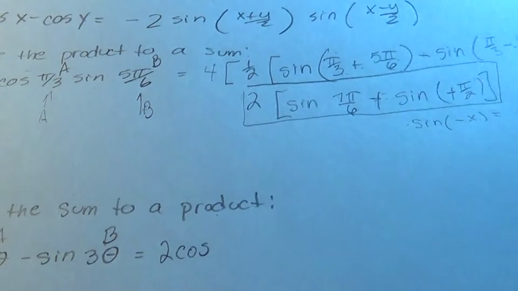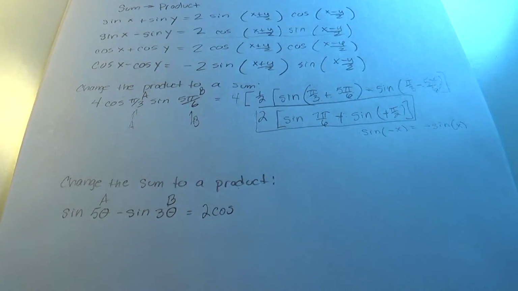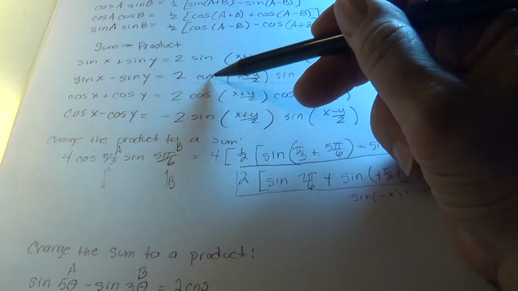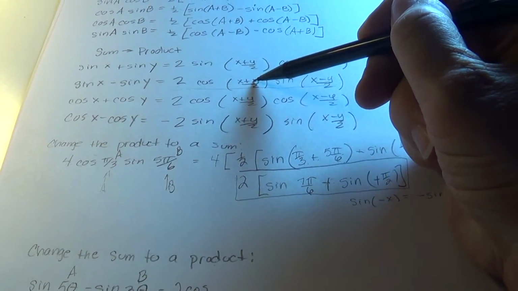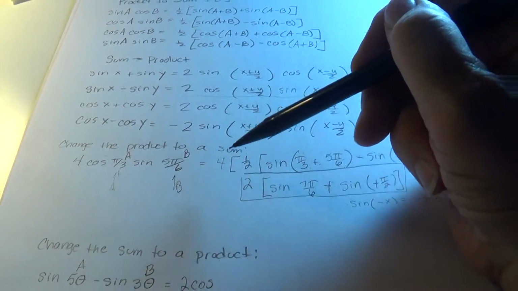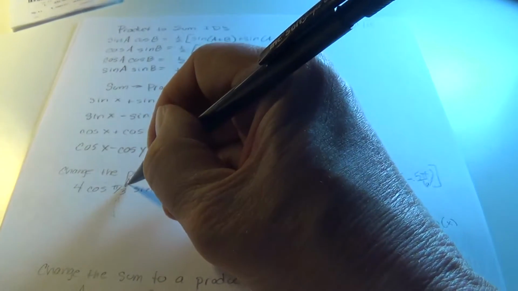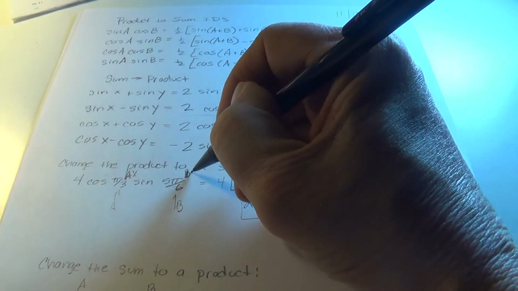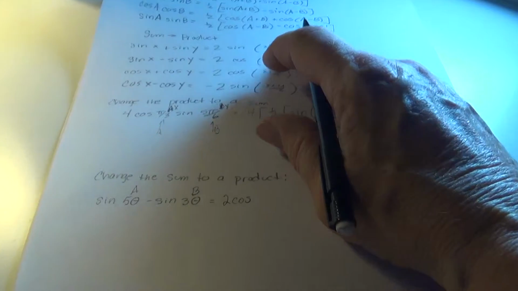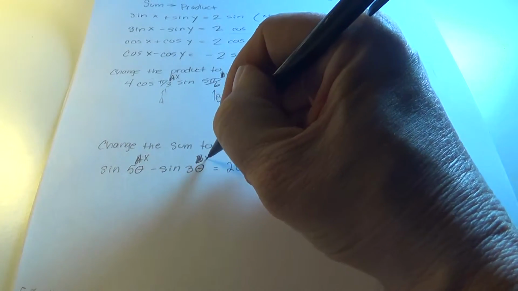See if I can go back and catch it. You can see it. So I'm on this one. 2 cosine, and it says x plus y over 2. So I guess in this one I should call this x and this y. Sorry about that, I'm on the wrong one. Alright, this is an x and this is a y.